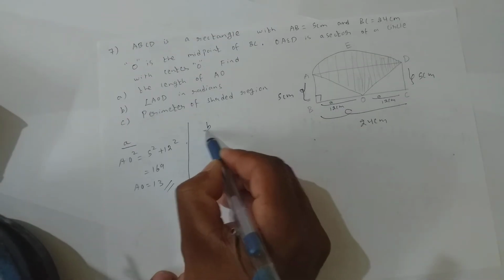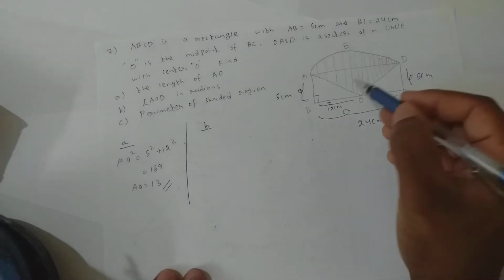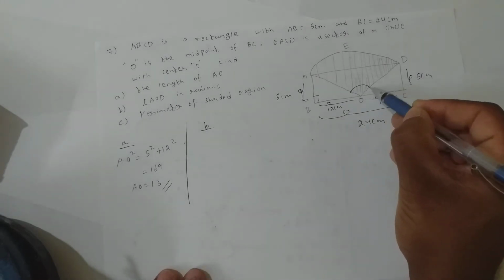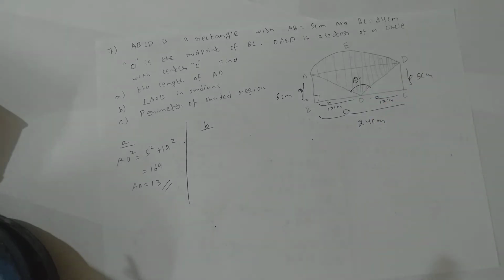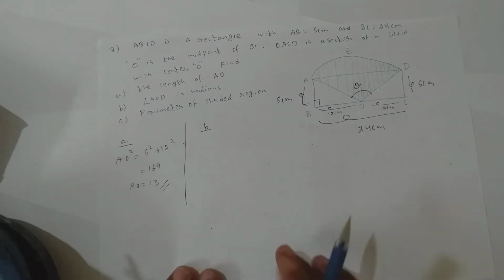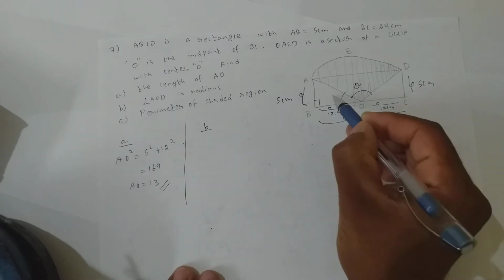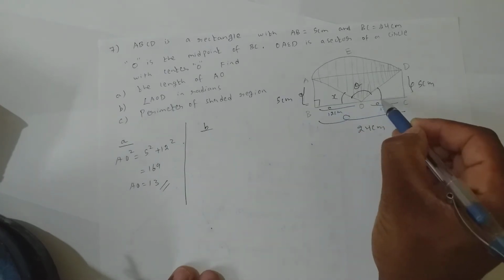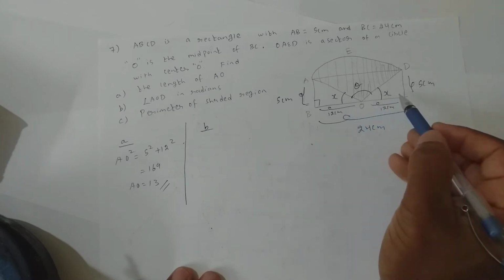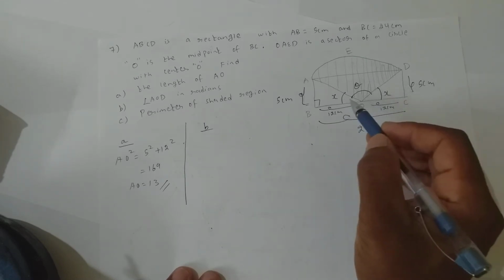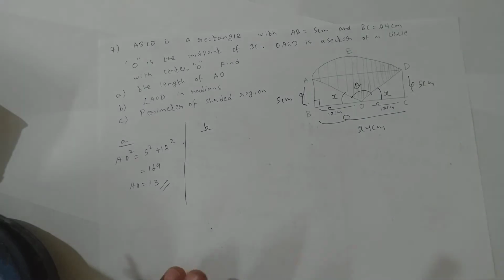Now look at B1. Find angle AOD, which means this angle is the question mark now. I need to find that angle. In this right angle I can get this angle, and this angle will also be the same as this one. These three together equal 180 or pi. From that I subtract x and x, and I get theta.